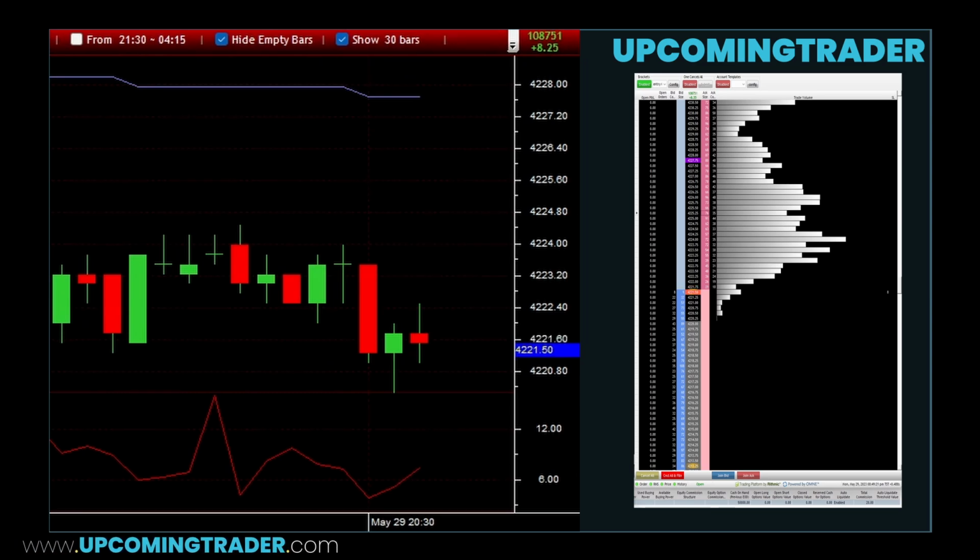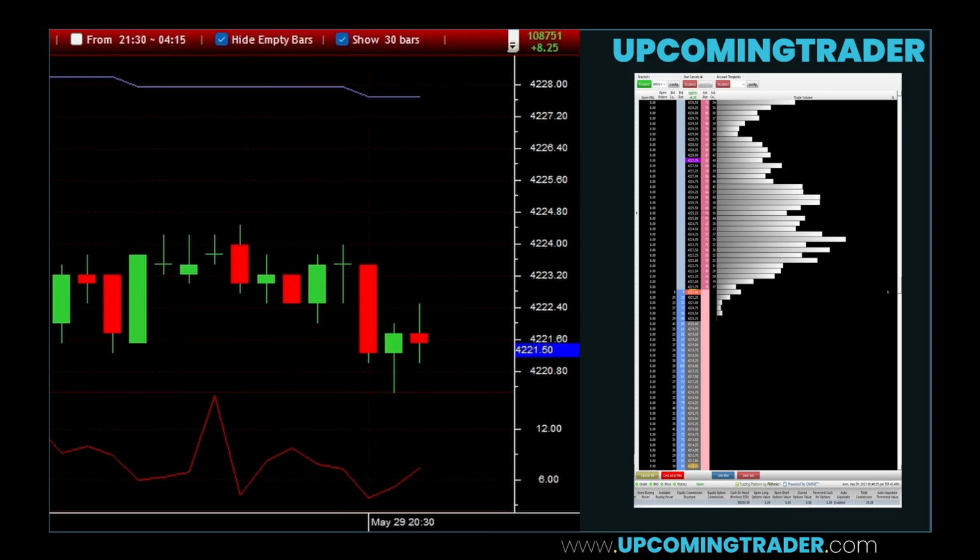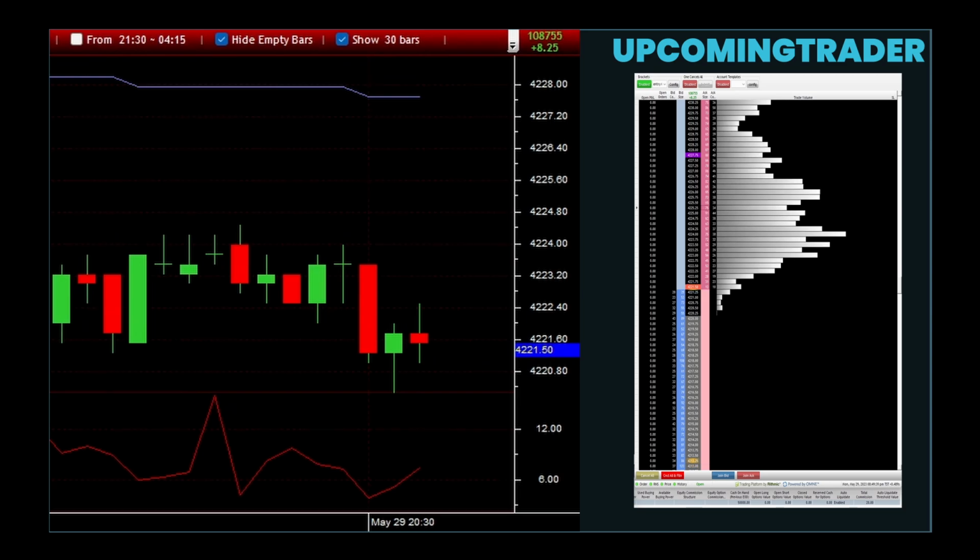This shows that buyers are getting stronger, and if the price breaks above the resistance, it often leads to a significant move higher. The opposite of this is the descending triangle, where the price makes lower highs while repeatedly testing a support level, which could signal a breakdown if the support fails.